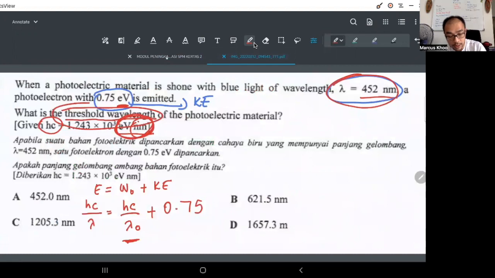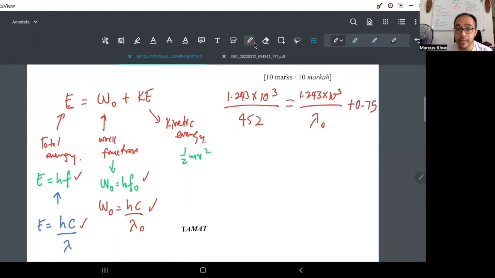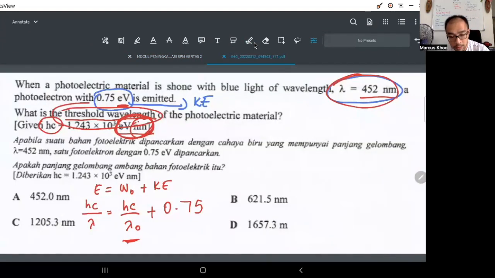So the same thing: 1.243 times 10 to the power of 3 over the threshold wavelength plus 0.75. Then you calculate this and you will get the answer 621.5. This is the answer.